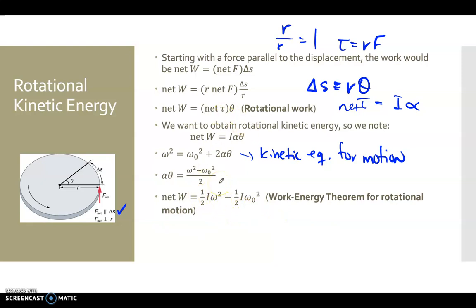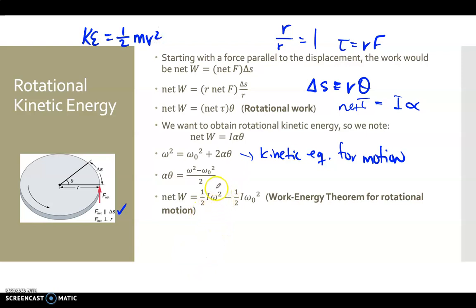When we plug this in, we obtain this, and these terms look very similar to our kinetic energy in one dimension. Remember, our kinetic energy is equal to 1/2 mass times velocity squared.